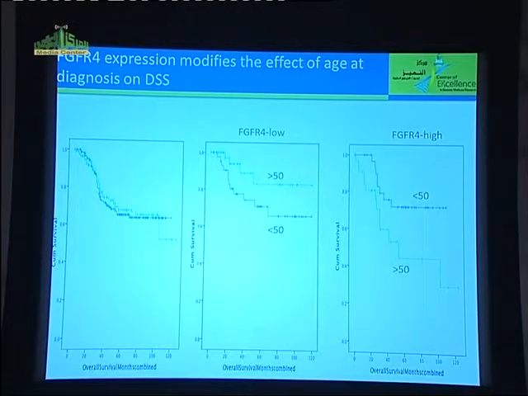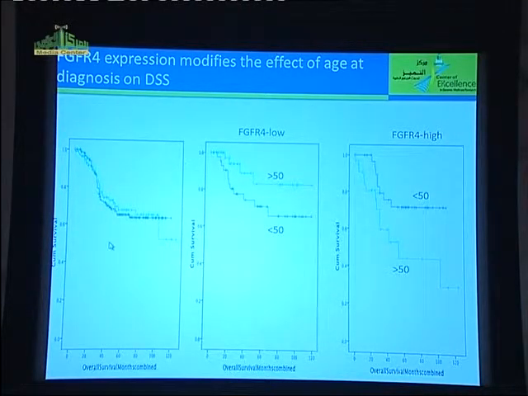The other thing we looked at was FGFR4 expression, naturally. What we found is that FGFR4 expression correlates very nicely with FGF19, a very strong correlation between the two. And interestingly, it doesn't just affect survival. When you look at the effect of age on the overall survival of these patients, you can see there's hardly any difference to the left here.